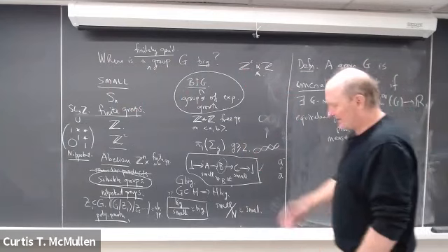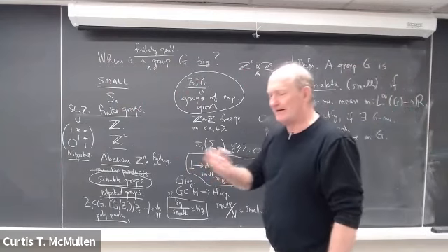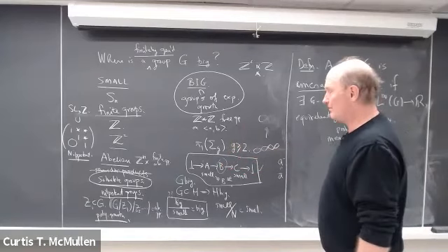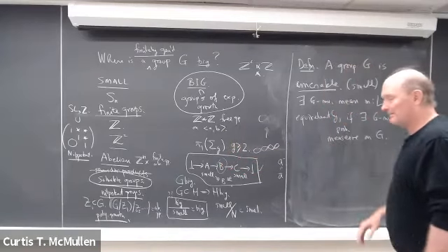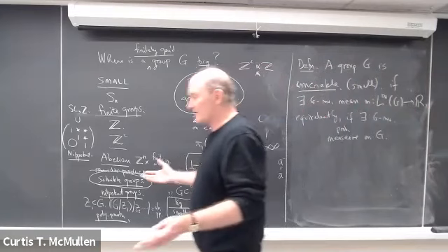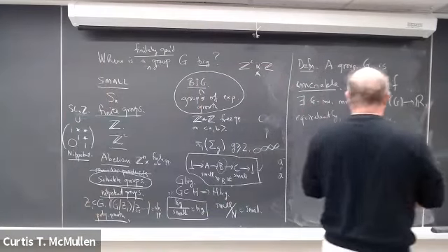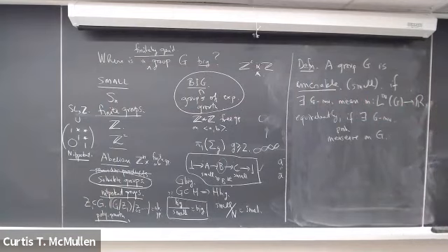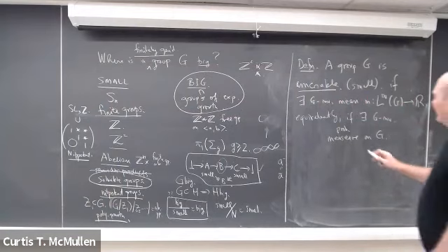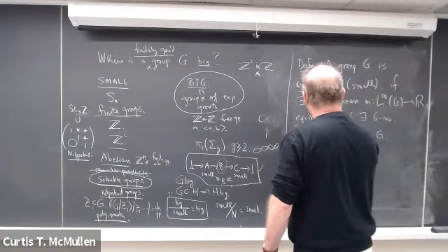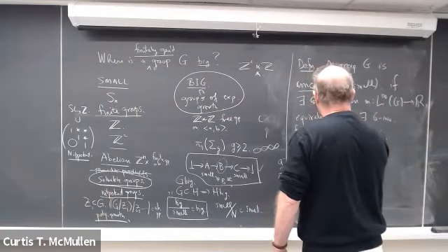But if it assigns positive mass to some element, it has to assign the same mass to every other element because it's an invariant measure. And therefore, the group is finite. Otherwise, the total mass of the group would be infinite. So this is a little funny. This is, in fact, the right definition, but here we have to put in the word finitely additive.